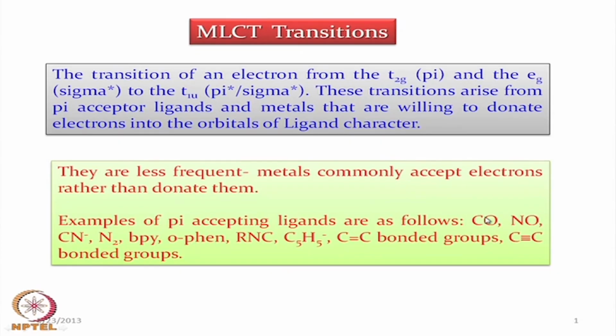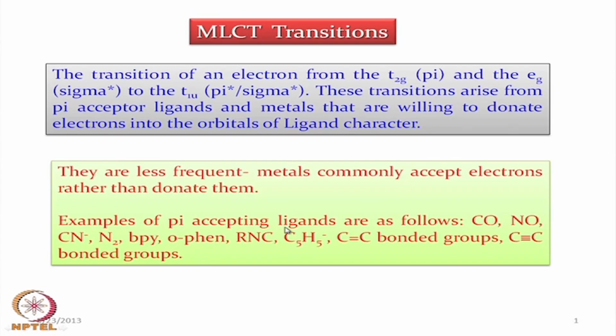A typical example is carbon monoxide, and the same is true for nitric oxide, CN minus, cyanide, nitrogen, bipyridine and orthophenanthroline. Likewise, if we have nitrogen centered bidentate ligands like bipyridine and orthophenanthroline, we will find they also have some pi electron cloud for the bonding pattern, and for the antibonding state we also have the pi star level.